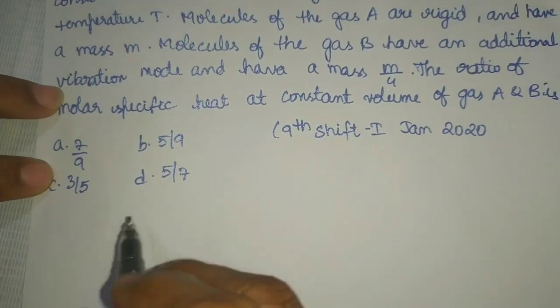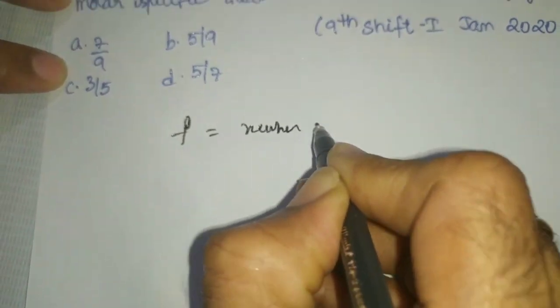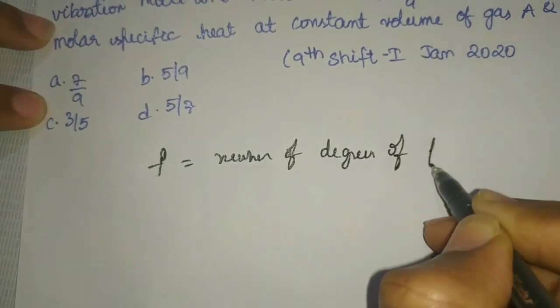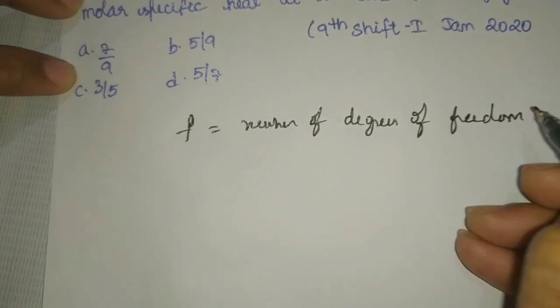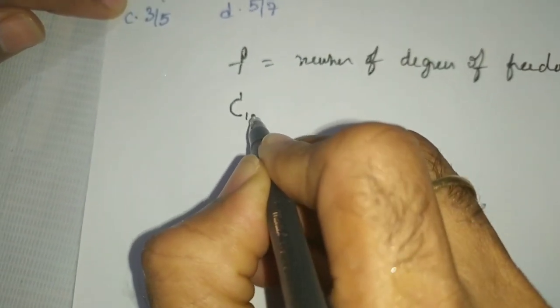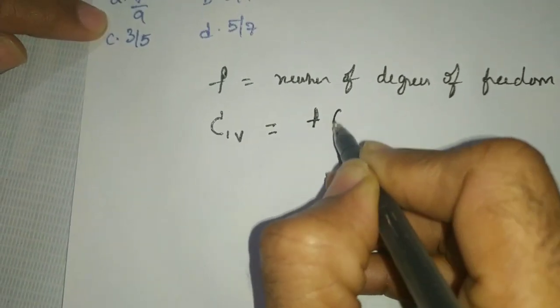So if F is the number of degrees of freedom, then molar specific heat at constant volume Cv is equal to Fr by 2, which is a general formula.